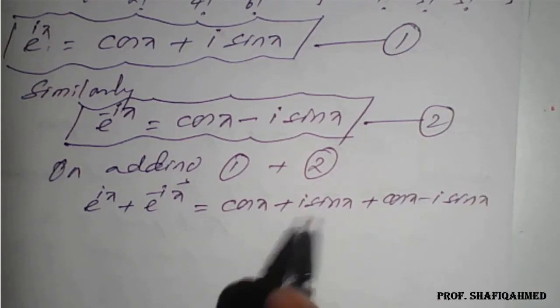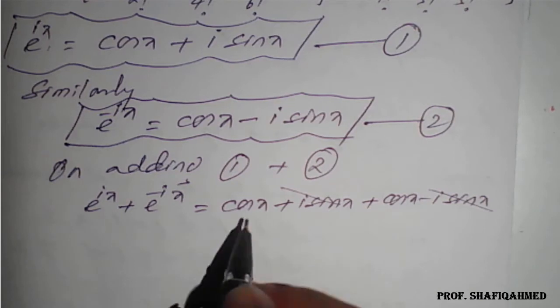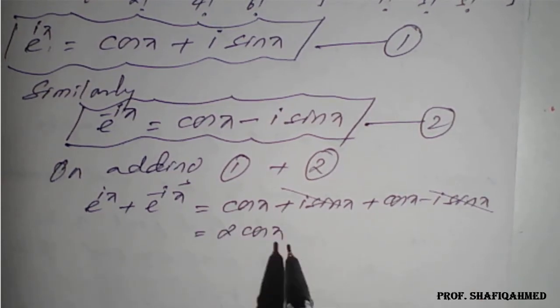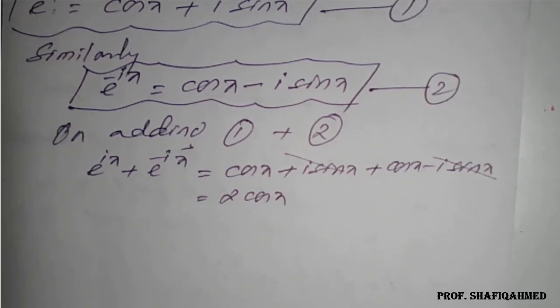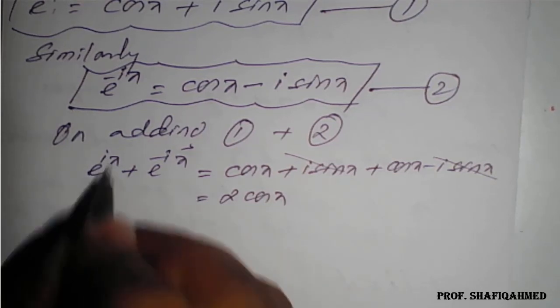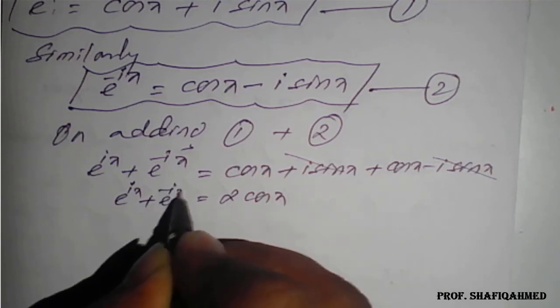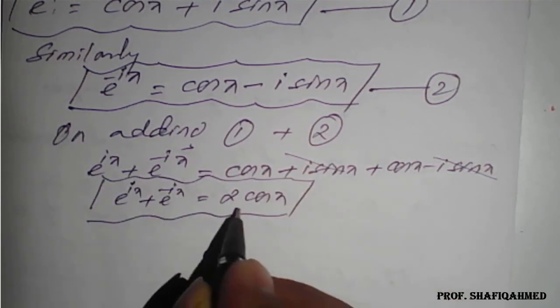But you can observe here that plus i sine x and minus i sine x cancel. So cos x plus cos x is what here? 2 times cos x. Or we can make this one of the important results for the problem: e raised to ix plus e raised to minus ix, you can make a formula as what here?